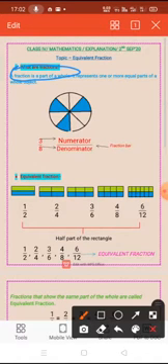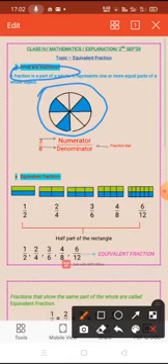Say this is a picture of a pizza and there are a total of 8 pieces. From these 8 pieces I have eaten 3 pieces of pizza, so these 3 pieces I have marked in blue color. If I am asked to represent what amount I have eaten in terms of fraction, I can write it this way.